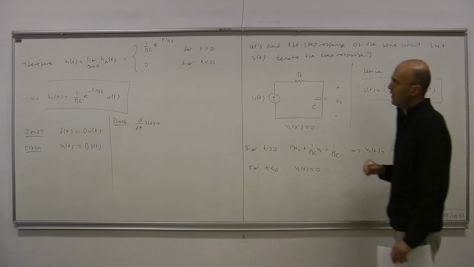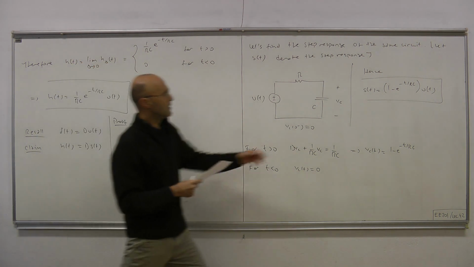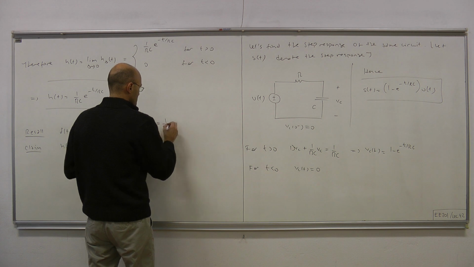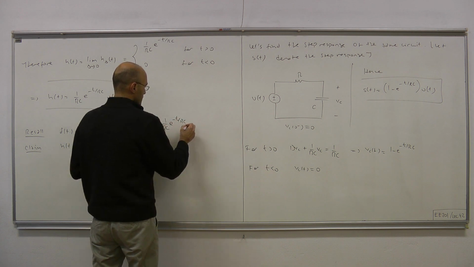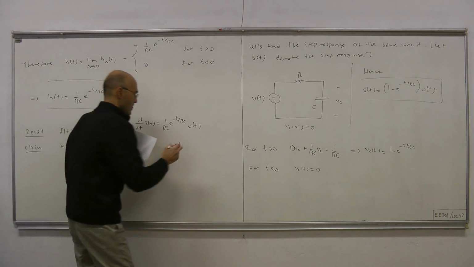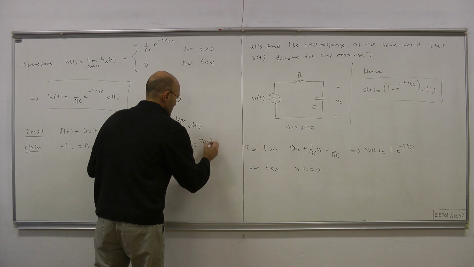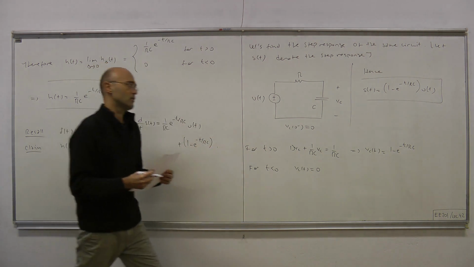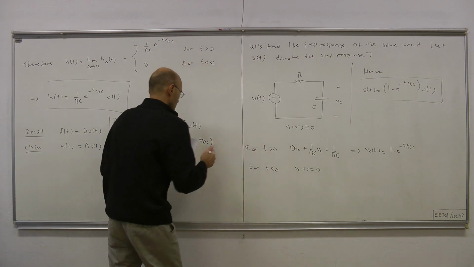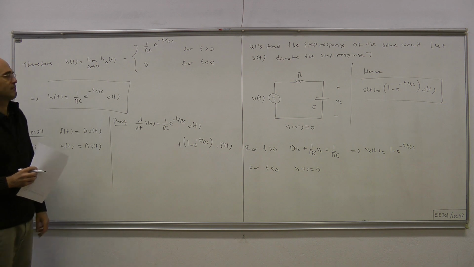Therefore, by chain rule, we have the derivative of the first term, which is 1 over RC e to the minus t over RC times u(t), plus 1 minus e to the minus t over RC times the derivative of the second term. Derivative of step is impulse, therefore we have delta(t).